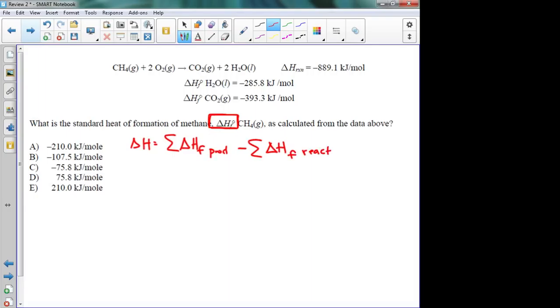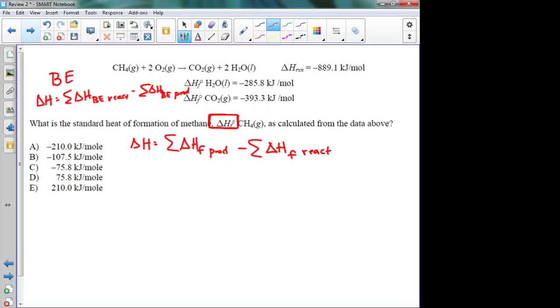Now, if they would have given me bond energy, bond energy is how much energy it takes to break a bond. Which bonds do we break, reactants or products? Reactants. So if they give me bond energy, then delta H is equal to the sum of the bond energy of the reactants minus the sum of the bond energy of the products.